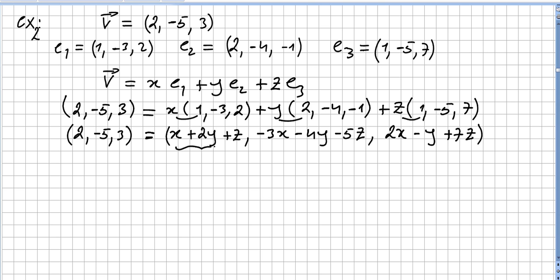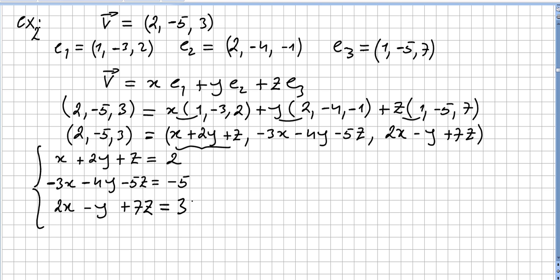So what we have here is x plus 2y plus z is equal to 2, minus 3x minus 4y minus 5z equal to -5, and 2x minus y plus 7z will be equal to 3.